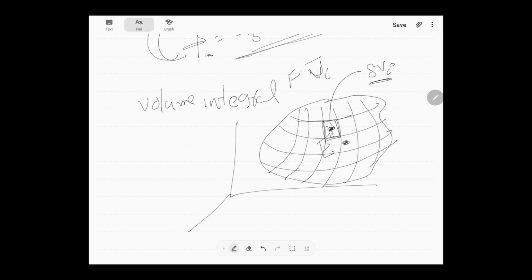At this ui bar, find the vector point function f bar at this ui bar. Now you have f bar of ui bar and delta Vi. Find this product for each and every element from 1 to n, because you made it n times. So you will get some value.